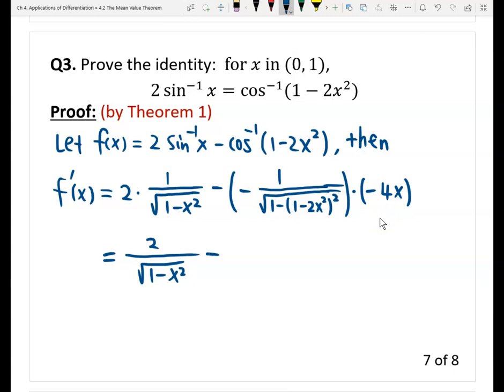Now it is a fraction. The numerator is 4x, of course. For the denominator, inside the square root is 1, which is 1 squared, minus this square. That is a difference of squares, which is the sum times the difference. I am going to use that formula.